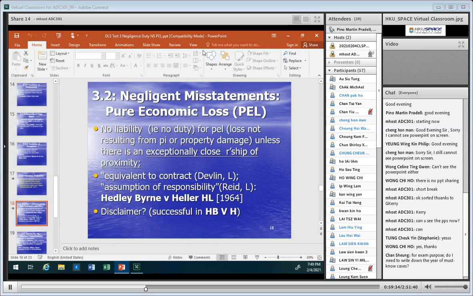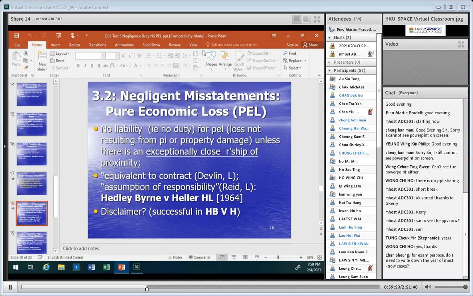If there was, then a duty of care would be owed. In Hedley Byrne v Heller, everybody, slightly tricky point, but worthwhile going through. This is where the year is important because you do need to appreciate timing here. There was a disclaimer which was successful in Hedley Byrne v Heller, so the statement maker was not liable for negligence.